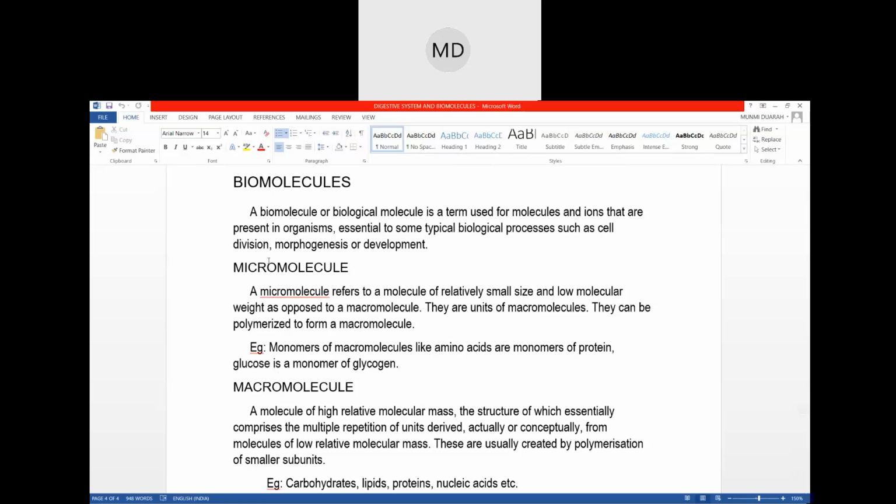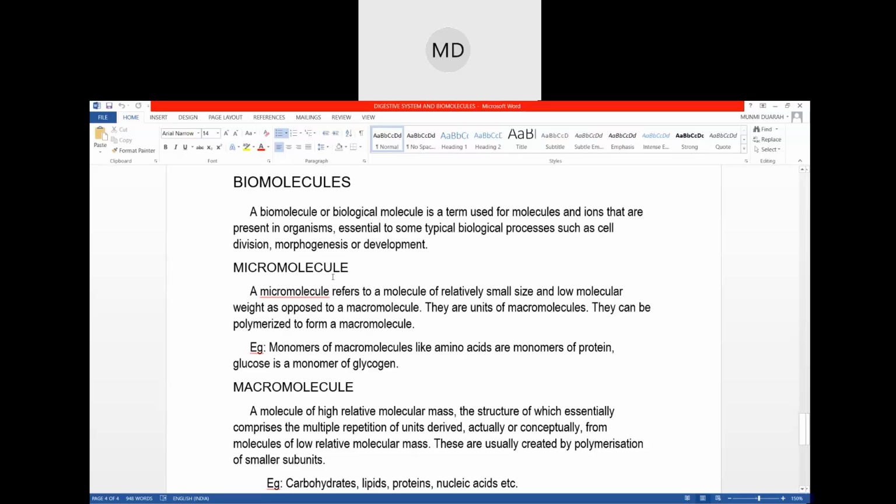For SIM cards, there are nano SIM, micro SIM, macro SIM, right? Macro SIM is the normal SIM, and micro SIM is a little bit smaller. Then there is the nano SIM in your phone. Same way, micro and macro. Just remember, you might be asked to write the difference between micro and macro. Micromolecules are smaller in size, and macromolecules are a little bit larger in size.